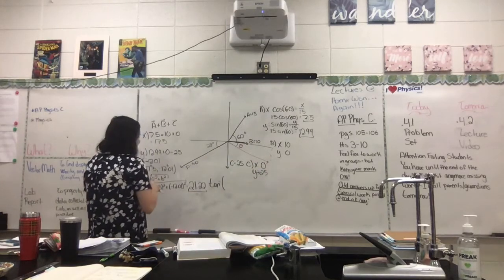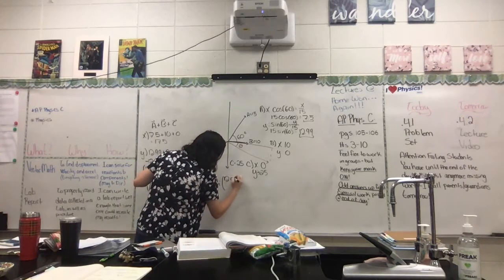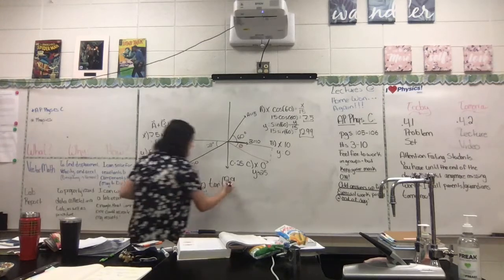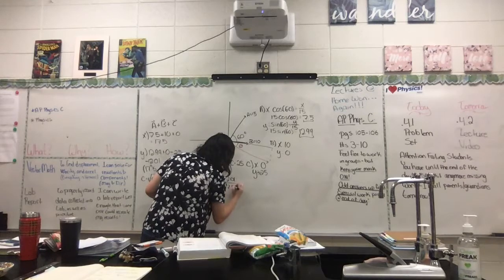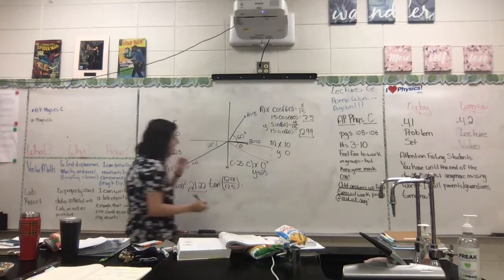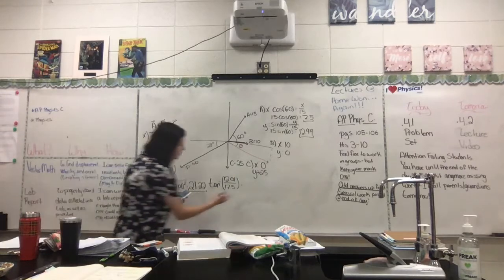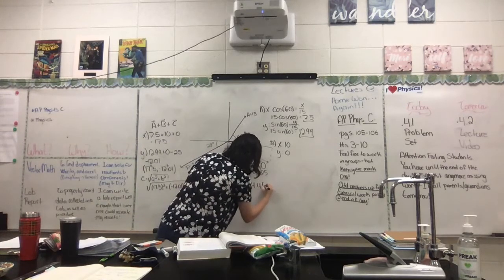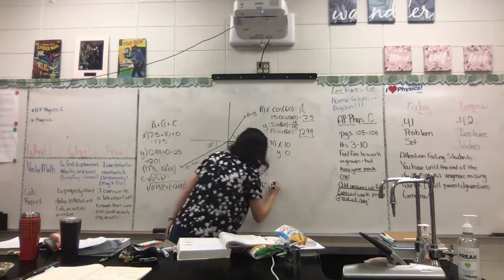So the opposite is 12.01, because we always use the absolute value of these numbers when we're finding the angle, divided by 17.5. That's going to tell us that our theta for this vector is 34.46 degrees, and that's south of east.